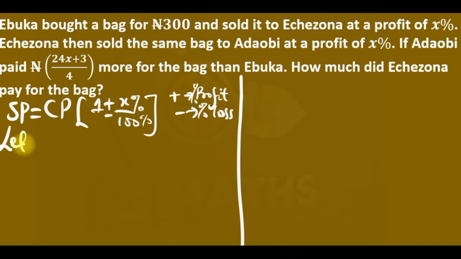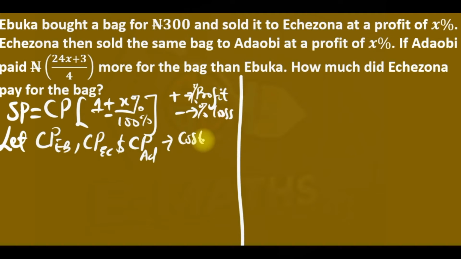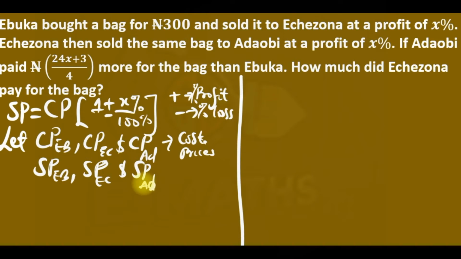Let CP subscript EB, CP subscript EC, and CP subscript AD denote their cost prices, for Ebuka, Echezona, and Adobe, and SP subscript EB, SP subscript EC, and SP subscript AD their selling prices.